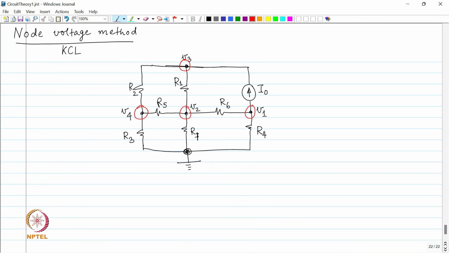V 1 by R 4, thank you. What is the current that goes out through R 6? V 1 minus V 2 by R 6. All right. This is how we are going to think of the currents. No symbol called I A, gone, that time is over. Understood? All right. So, this is the first order of jumping.